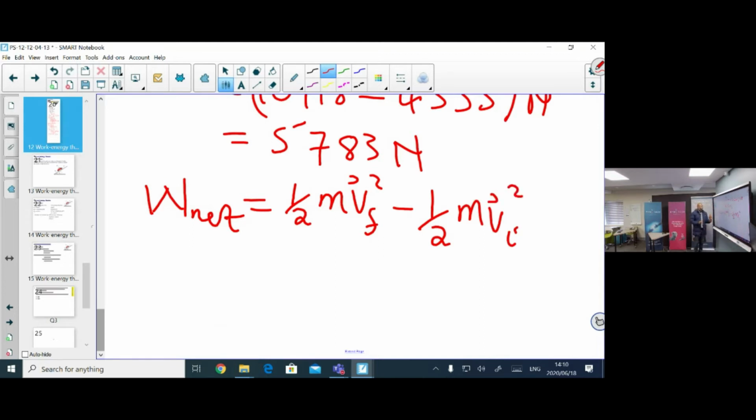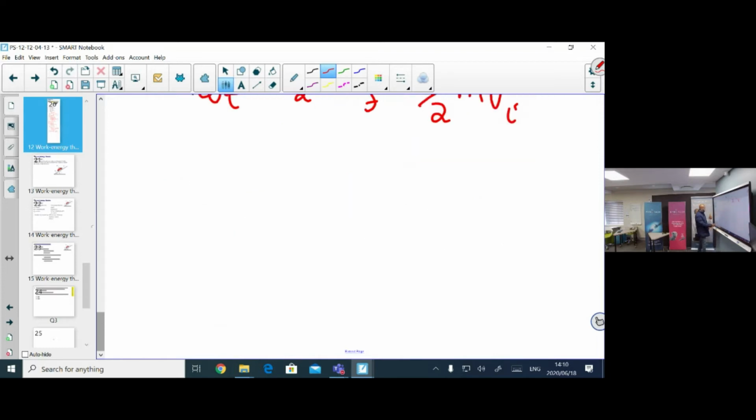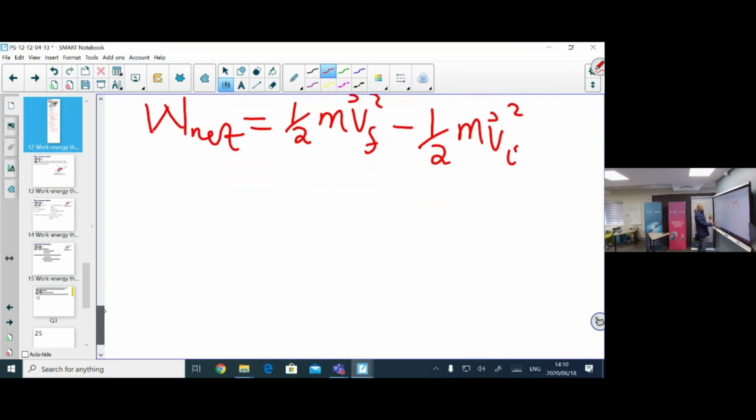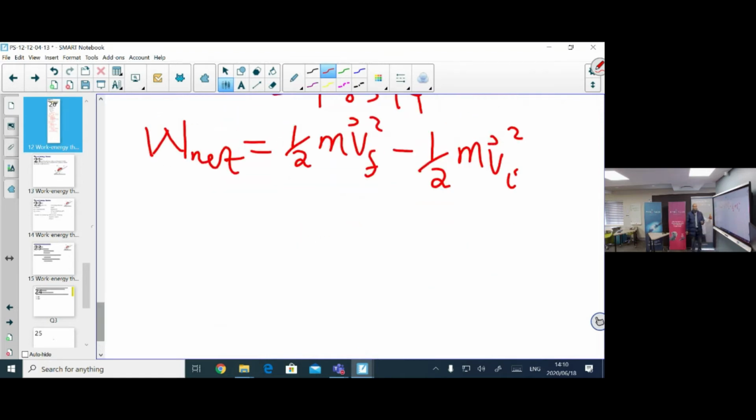We all know that W equals the product of the force and the distance covered by a particular object. Let me extend the page so that we can have space. We are just going to use that F net, change in x, cos theta.